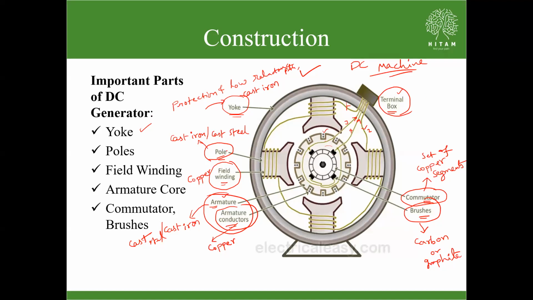The purpose of the yoke, poles, field winding, and the different materials we use to manufacture them, the purpose of armature conductors, commutator, brushes, and the terminal box. Clear, done. So shall we go for how it works, that is, how it generates the DC electrical energy as the output of the machine? Shall we look into the working operation of this DC generator?